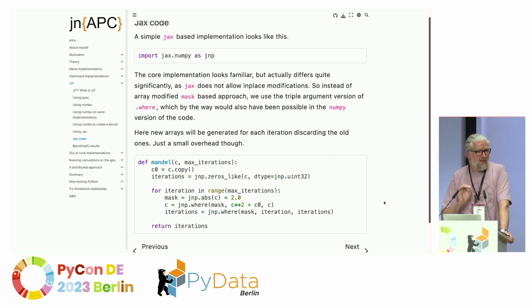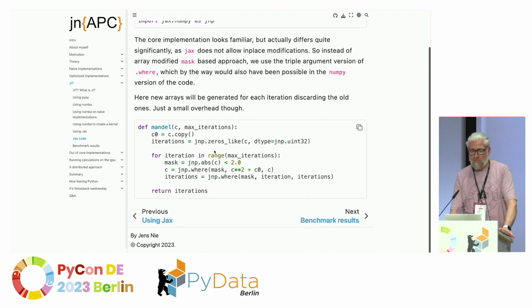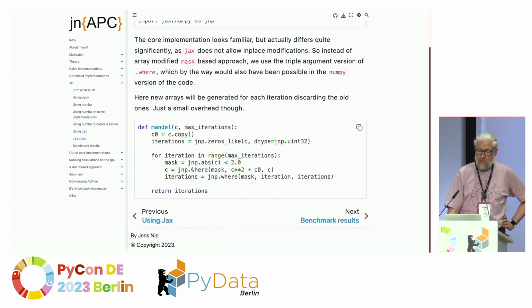So that's already the best idea to look for those libraries that implement it, because the change will be very, very subtle, as we see. It's nothing really different here, but just one line, and we could have done that in NumPy as well, because JAX doesn't allow in-place modifications. So we have to have a copy, but that is very, very optimized.